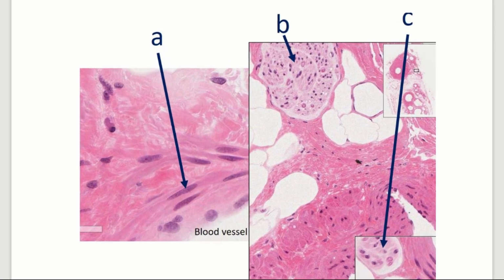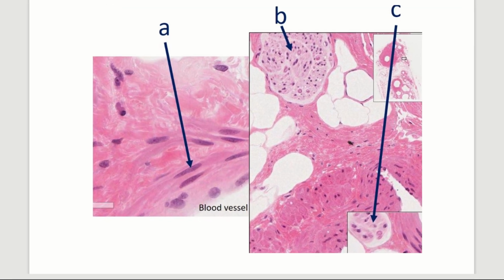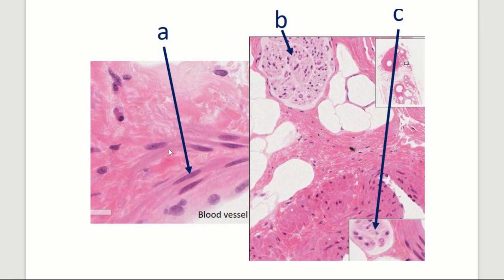Okay, so here we're doing maybe some identification. And we've got some nerve going on in here, I'll tell you that right now. So A, what this is pointing to, so he tells you this is a blood vessel, and we're looking at this kind of thick cell surrounding the blood vessel, right? And so this is where it gets tricky between the difference between a fibroblast and smooth muscle. But I will tell you, all of this pink stuff that you see right here, you see how it looks like it's a part of the cell, right?